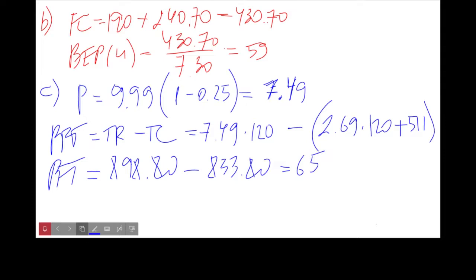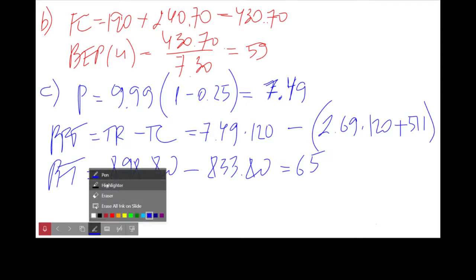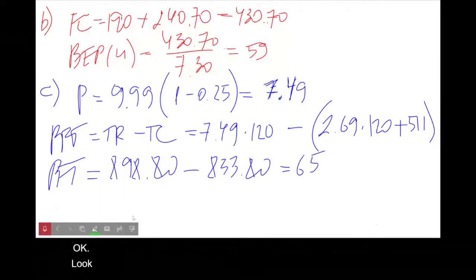Any questions? Yes, I'm a bit confused when you started with profit is equal to TR minus TC, which is equal to 4.49 times 120. Okay, look, this is total revenue.